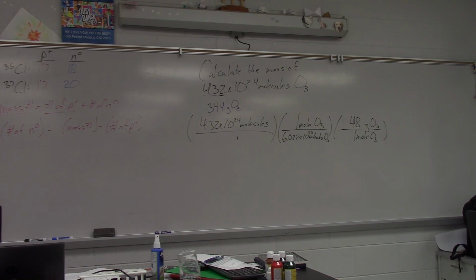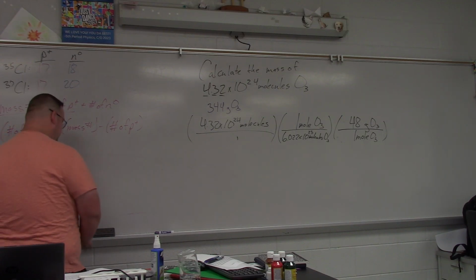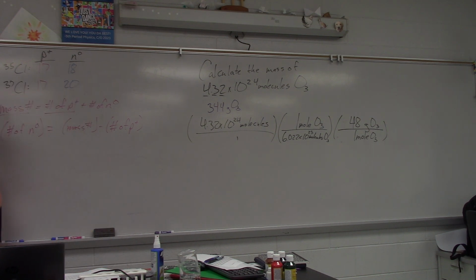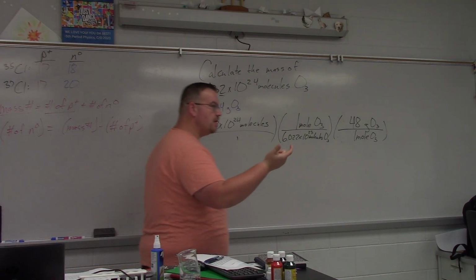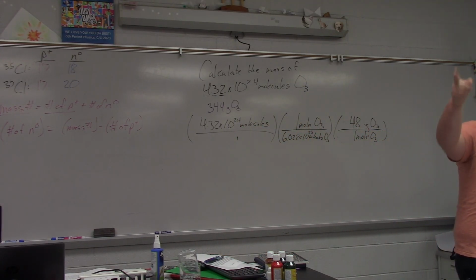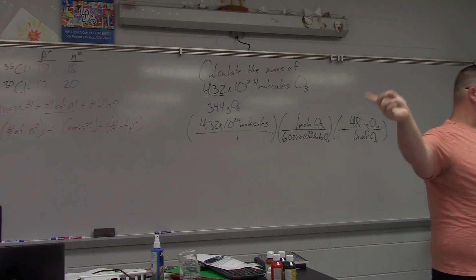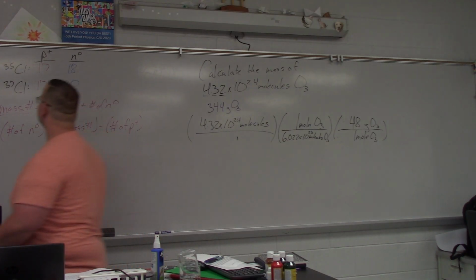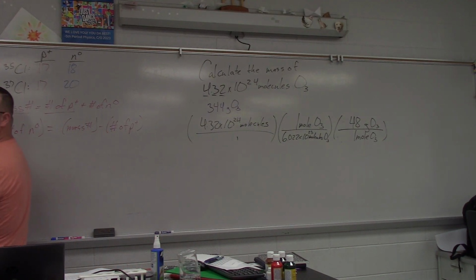So then comes, how do you calculate average atomic mass? Remember, it's the summation of the mass number of each isotope times the decimal of the percent abundance. Remember how I taught you last year: you literally take the percent abundance and move the decimal 2 places to the left. So for chlorine 35, we have 0.758.